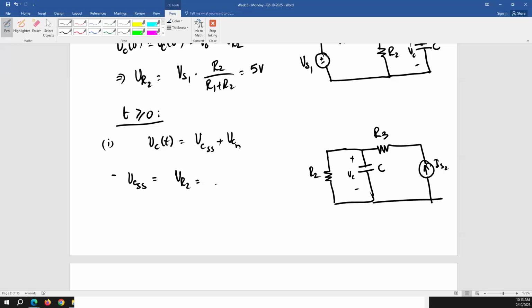Yes, IS2 times R2, exactly. It's not difficult. C is open circuit. C is gone. You have only one loop. The current in the loop is IS2. The voltage across R2 is IS2 times R2, Ohm's law.